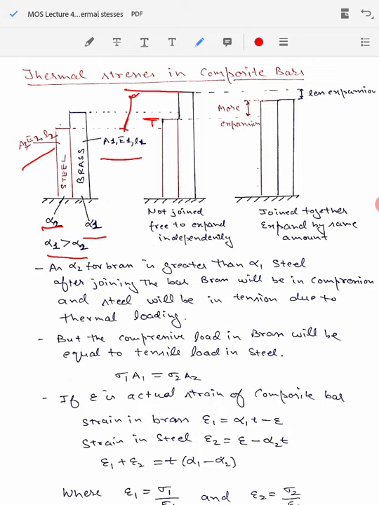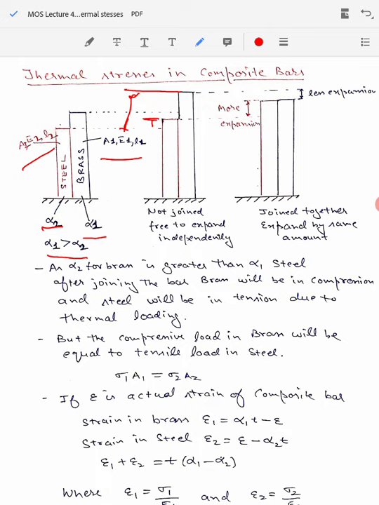What will happen if we fasten them together, using some method of joining process, a temporary or permanent joining method? If these two are joined together, they are bound to have the same expansion because of the rise in temperature.